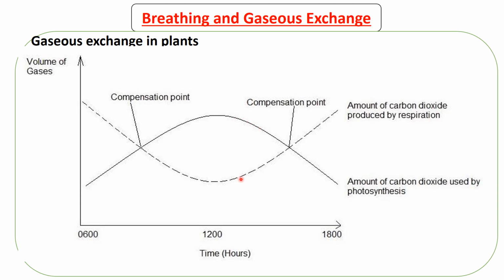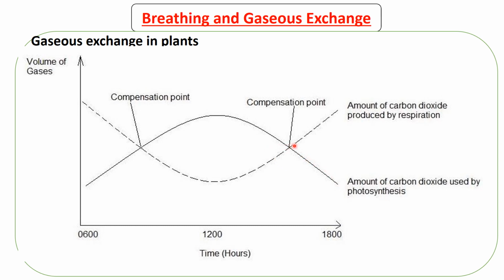This means that the amount of carbon dioxide being produced by respiration will start increasing since it is not being used that much. A compensation point is reached again when they are of the same size. Then after that, the amount of carbon dioxide needed by photosynthesis decreases completely up to here.